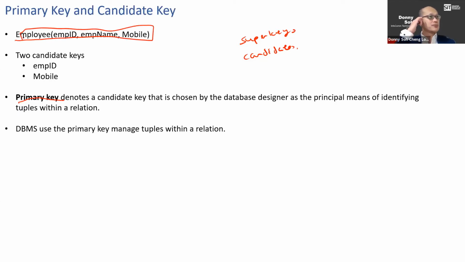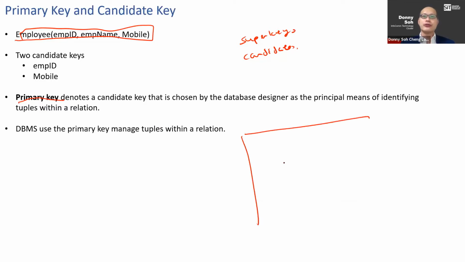Is super key just candidate key plus extra attribute? Yes, correct. You also have to note that a candidate key is also a super key, but a super key is not necessarily a candidate key. And a super key can consist of multiple candidate keys as well. Thank you for your question.